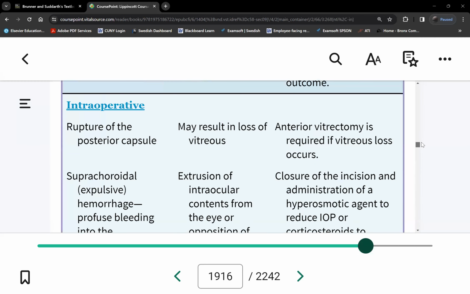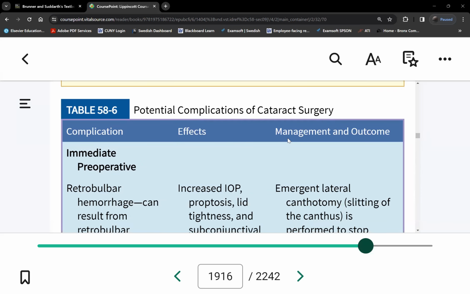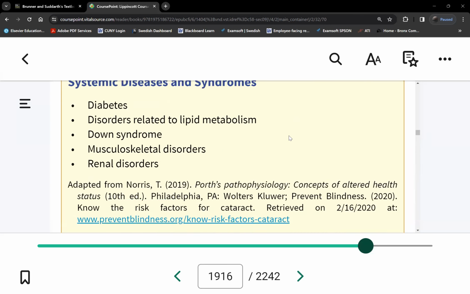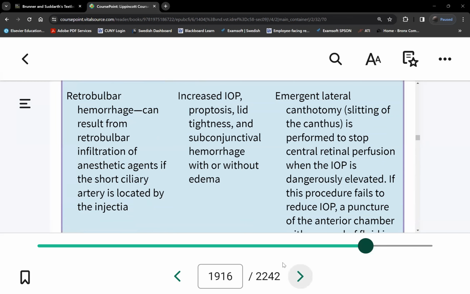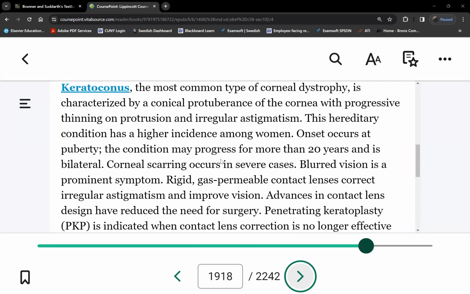This one? Yeah. Then this is complications though. This is not post-op care. Again, there's a chart somewhere, probably on the next page. Is it? Let's see.